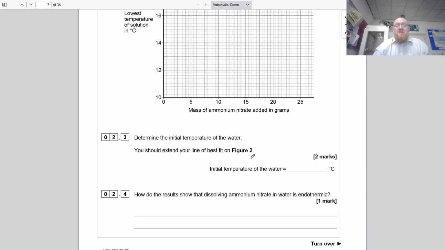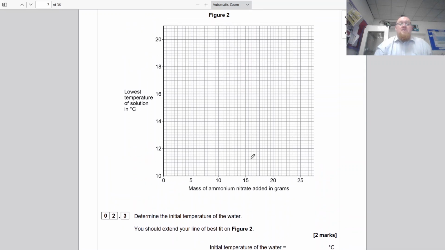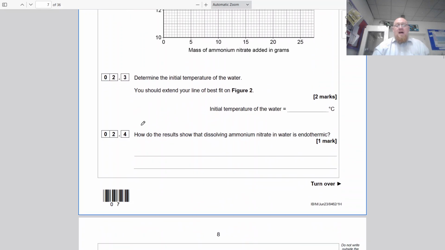It says you should extend your line of best fit, and all that means is your line of best fit may end here, for example, and you're just going to extend that upwards to here to make sure that you get the answer. It's called extrapolation. Now you can see why I don't draw straight lines with this, because it's really difficult.